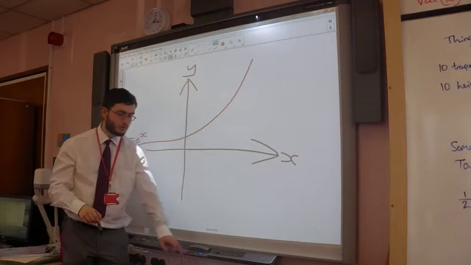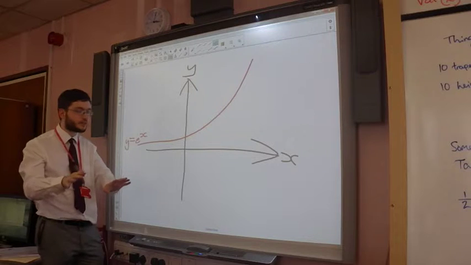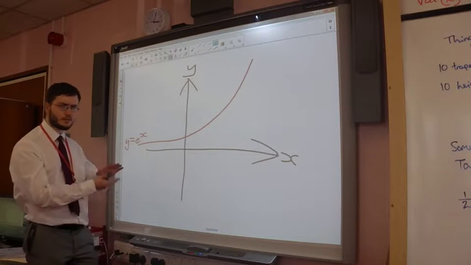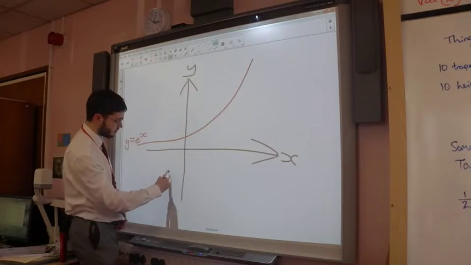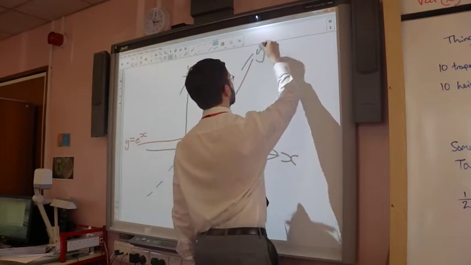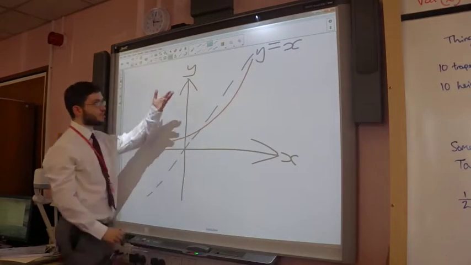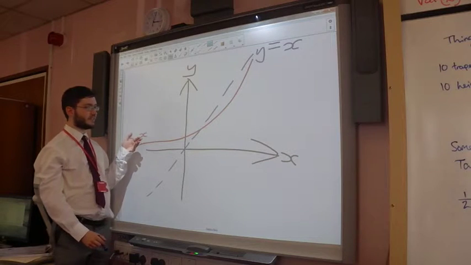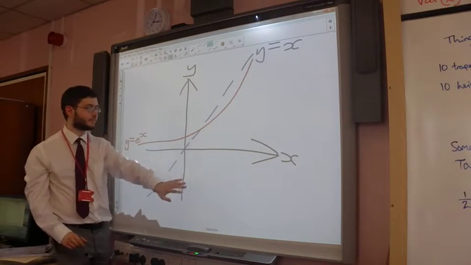A very easy way to find out the inverse function of anything that you can plot as a graph is to take a mirror image of it. Now, if I plotted the line y equals x, I can take a reflection of y equals e to the x like that, flipping it diagonally.